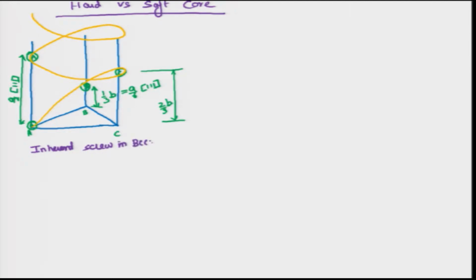Now, let us say that another screw dislocation with clockwise orientation tries to add with it. So, there is another screw dislocation, and over there the structure would be very similar.